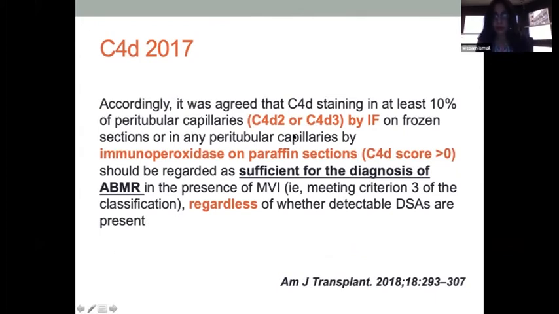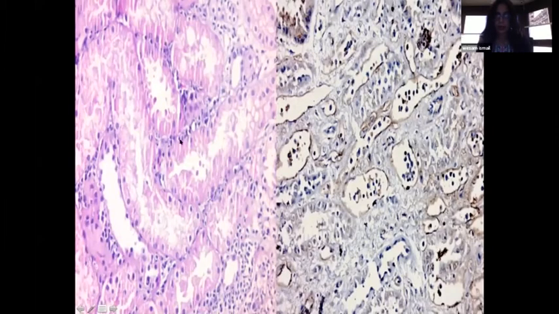But if you have a C4d-positive biopsy, then this is enough to tell you that you do have antibody-mediated rejection. Again, microvascular inflammation, and as you see on the right, C4d positivity.